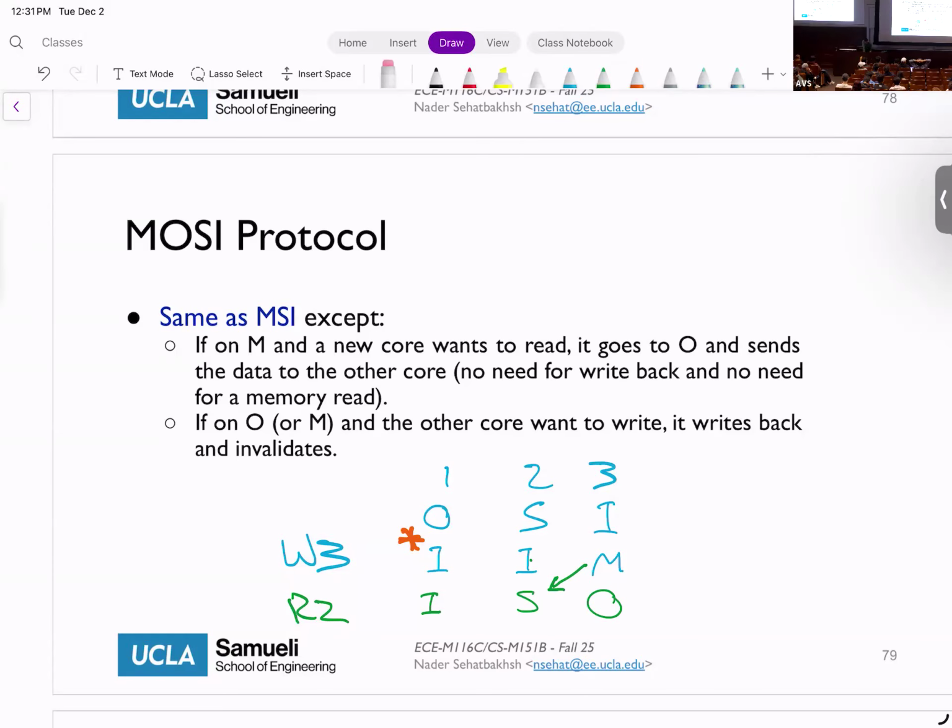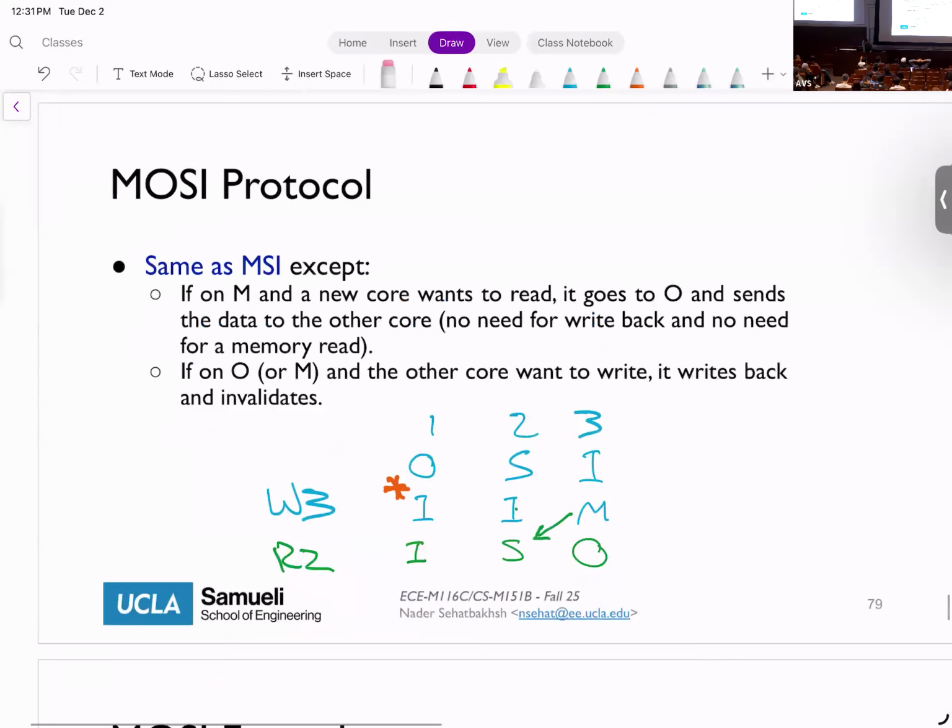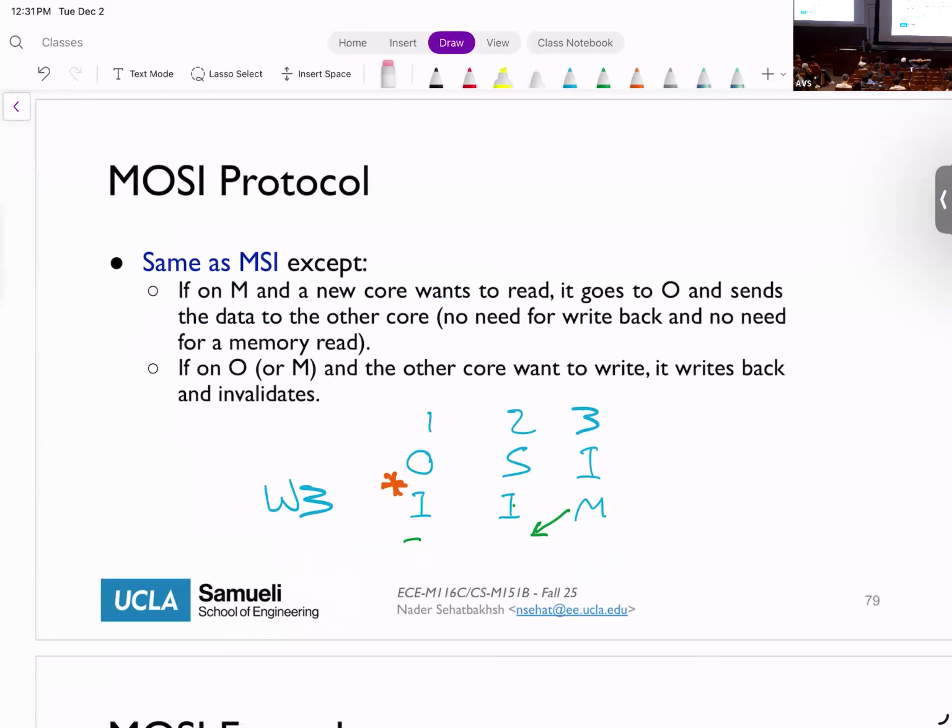So if I have something like this instead, you're saying if I have something like W3 again, is that your question? So it's like write one.